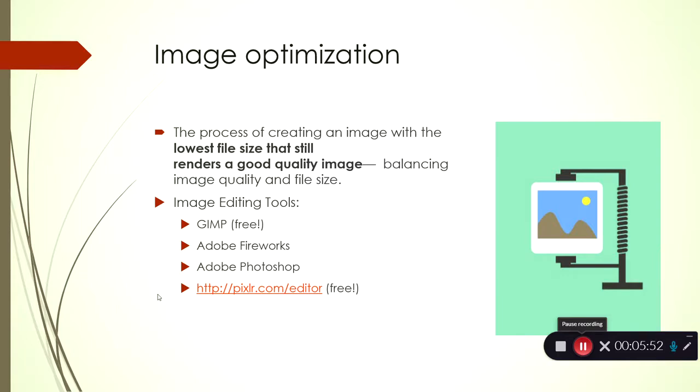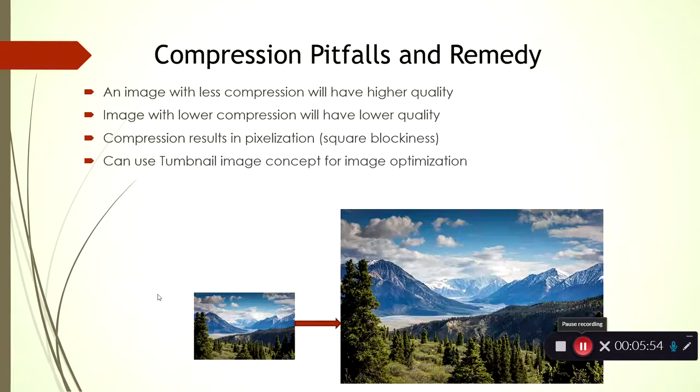When it comes to images, how can we do that? There are different possible ways. For example, you can just compress the file or reduce its size, but in that case the compression may result in pixelization, that is, square blockiness. To avoid that, we can compress the image and use a thumbnail image.